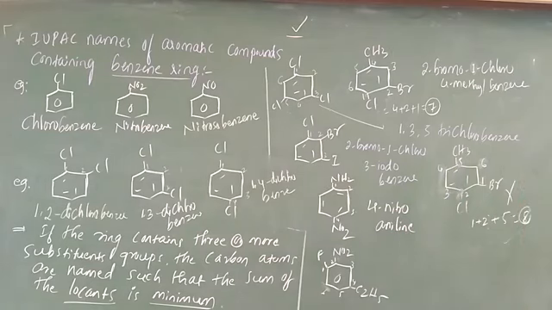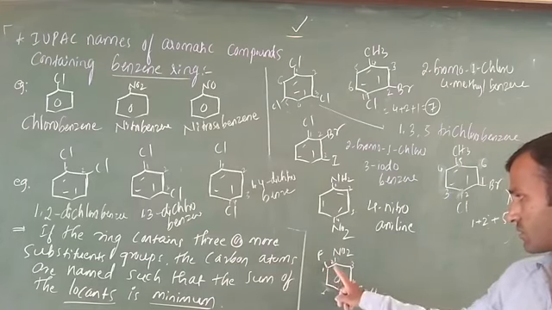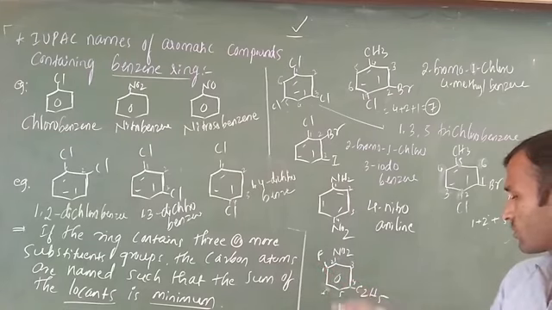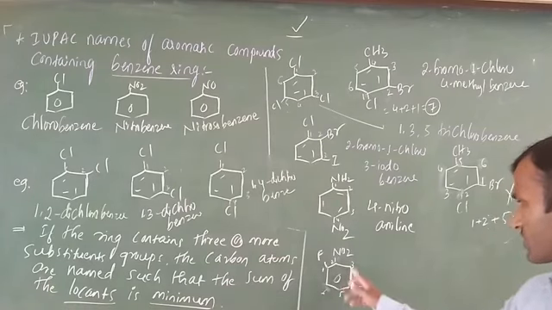Next, now see here, this is the last example, 1, 2, 3, 4, 5, 6. In this case 2 plus 1 is 3, next 4 is there, we are going to get 8 or we are going to get 7. 7 indicates the sum of the locants is less, minimum, that is why in this case this is the best.